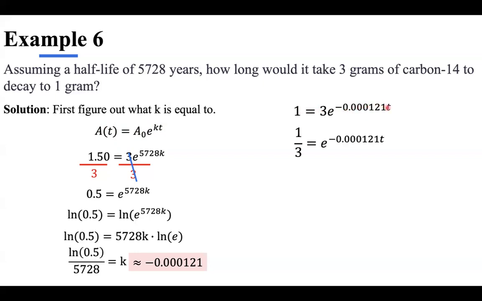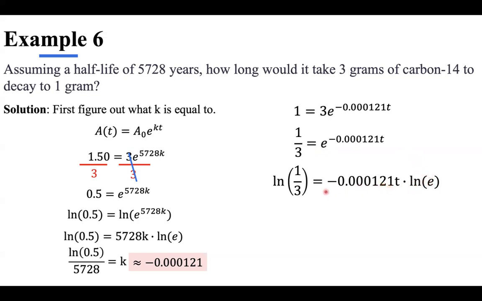Divide by 3, right? The next step would be to take the natural log. When you take the natural log on both sides, you will have the natural log of 1/3 equal to the exponent coming up front, times the natural log of e, which is 1.